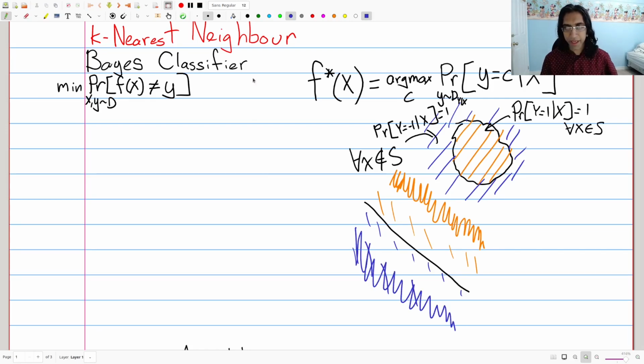But what I'm trying to say here is, suppose there exists some linear classifier where the further things are across the line, the more likely they are to be whatever.